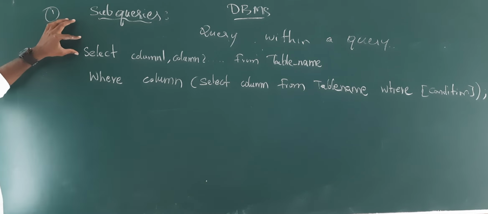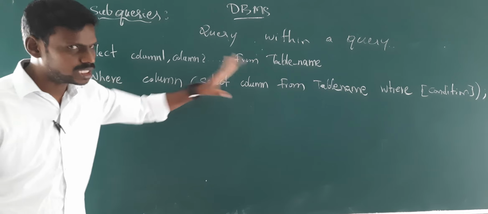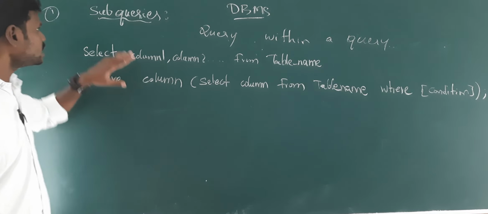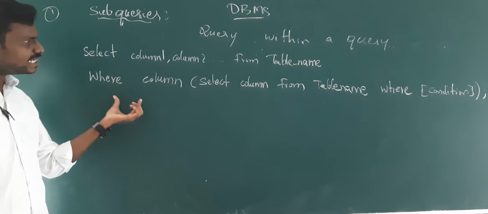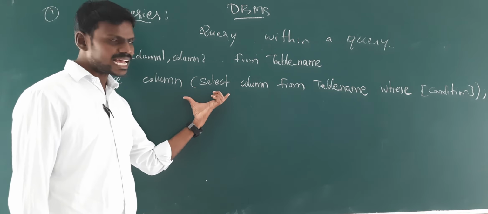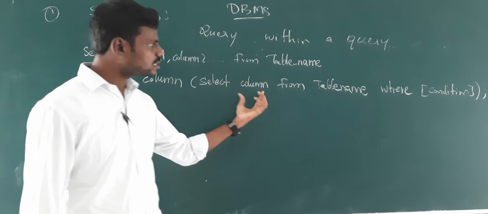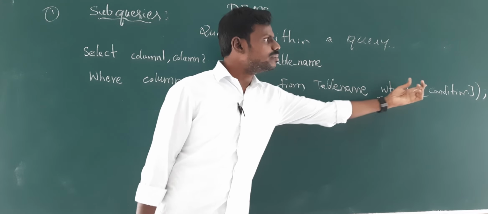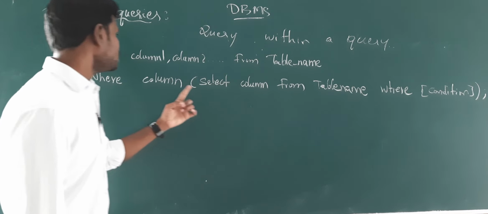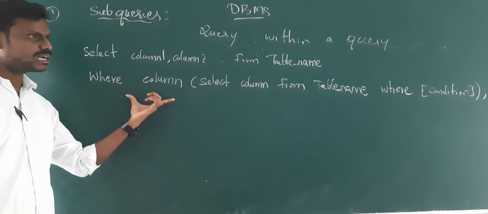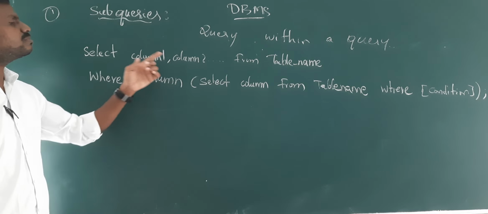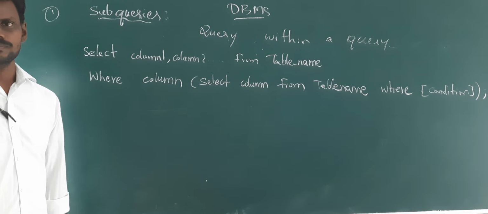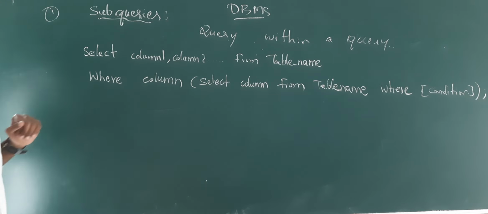So it is also a query which has one more query within it, and that is nothing but your subquery. For the where condition, I am putting this answer as its input. Select column from one more table or else the same table, and it will have some result. That result will be given to the condition of your where clause, and according to that result, you will get the answer. This is what a subquery is.